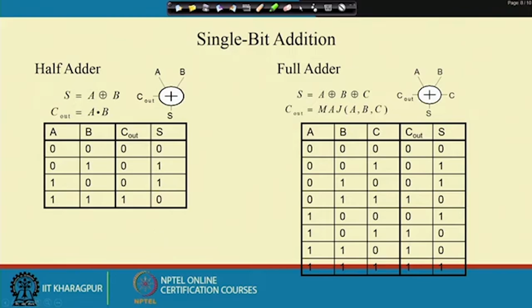So how can we implement this particular C out? I can get these values considering a different logical expression, where instead of AB plus BC plus CA, I will get a different expression for C out. Why do I need to do that?